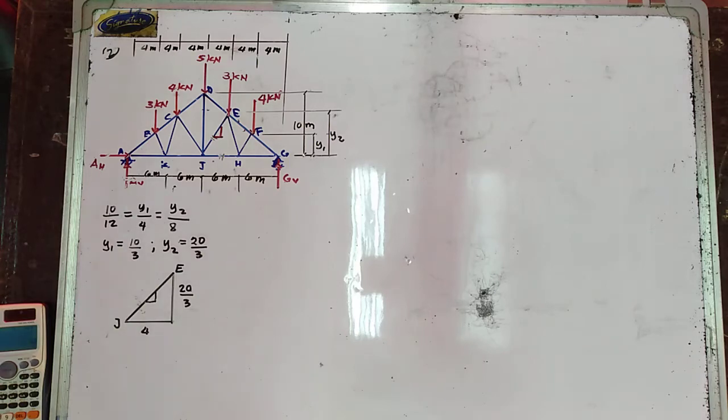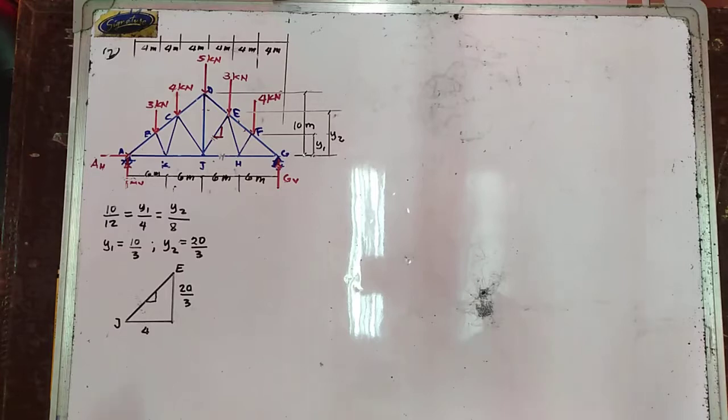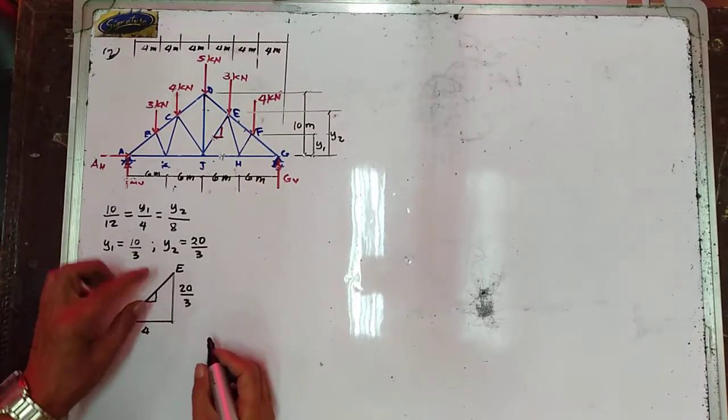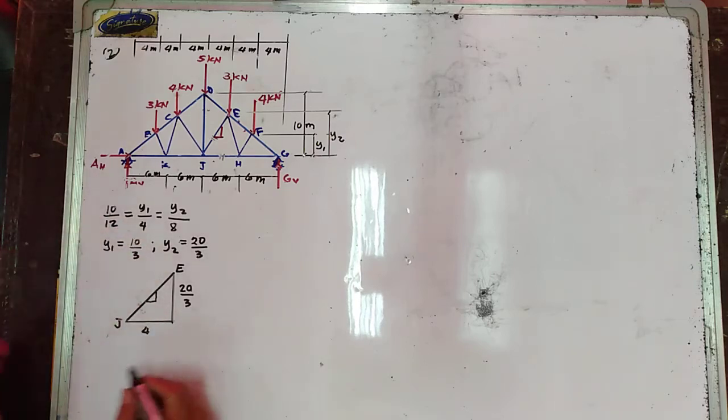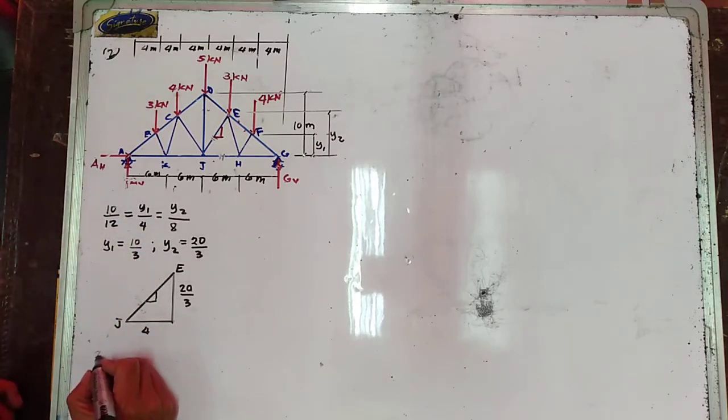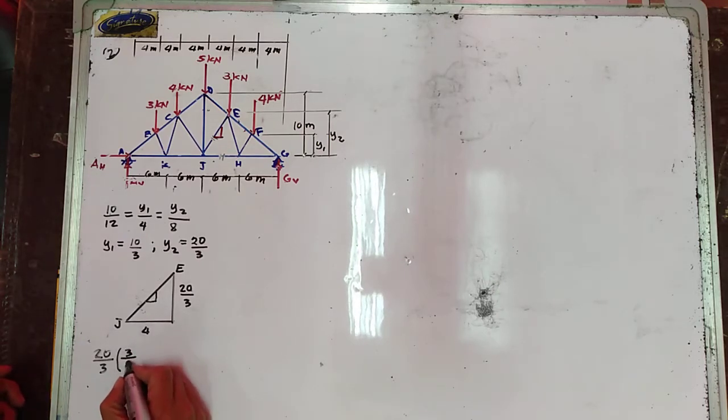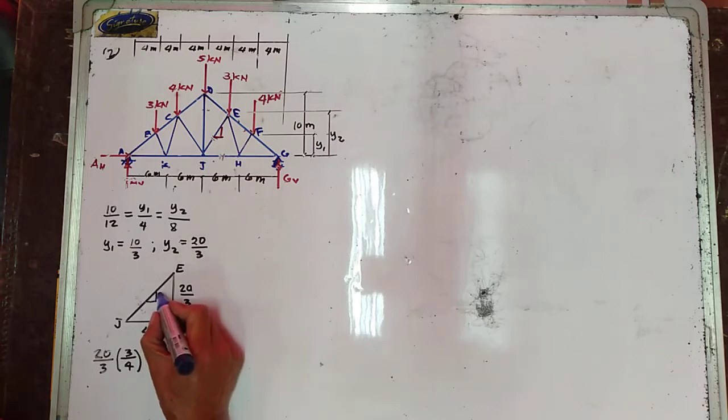So the vertical slope is 20 all over 3. If you multiply this one by 3 all over 4, this is equal to 5. So the slope in here is now equal to 5.